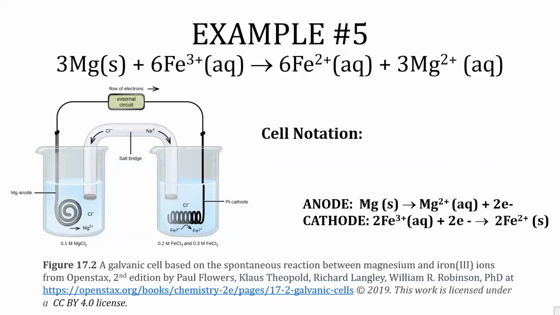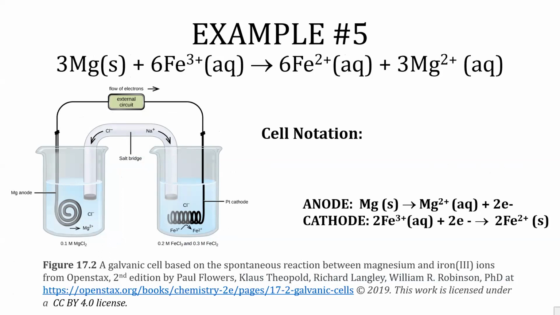The last example is 3 moles of solid magnesium with 6 moles of aqueous iron 3+, forming 6 moles of aqueous iron 2+ and 3 moles of magnesium 2+. The cathode half reaction is in the right half cell, and the left half cell contains the anode half reaction.